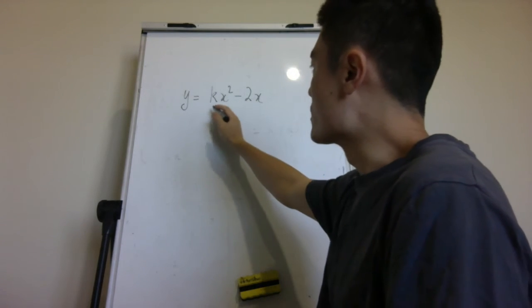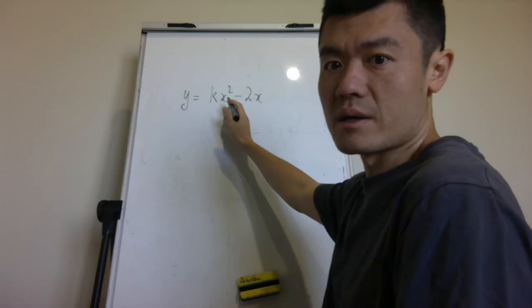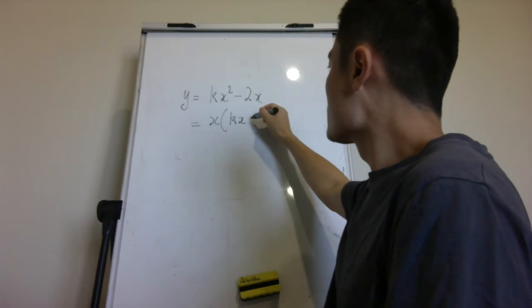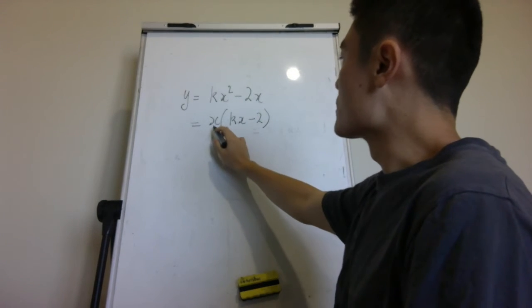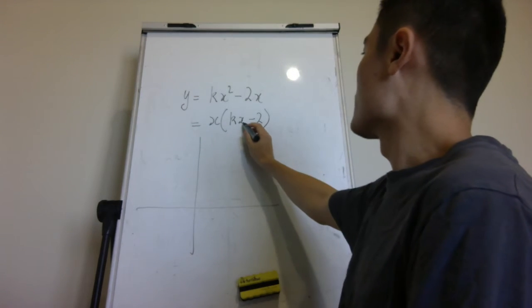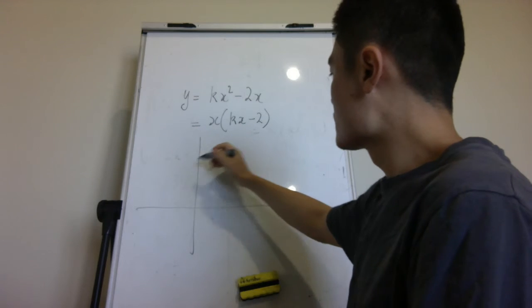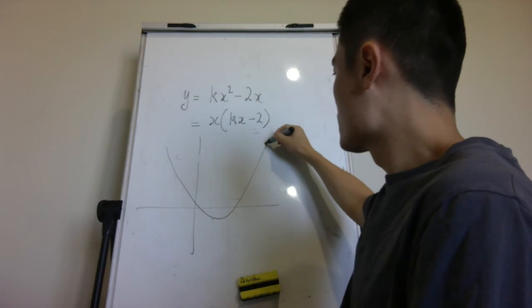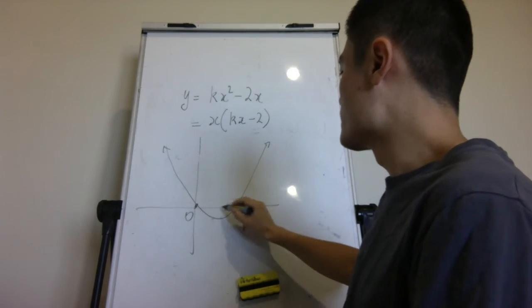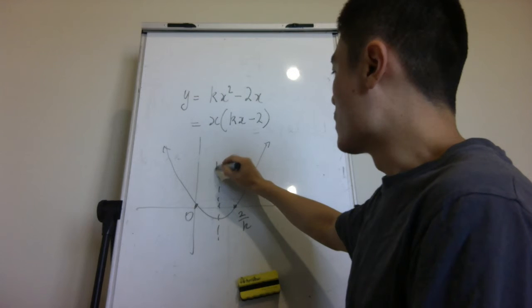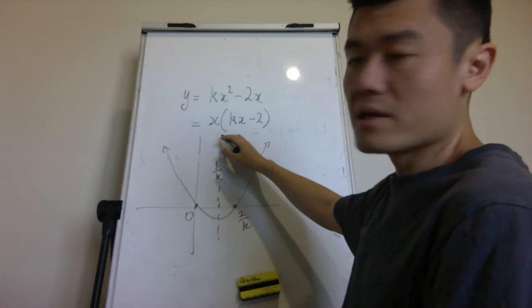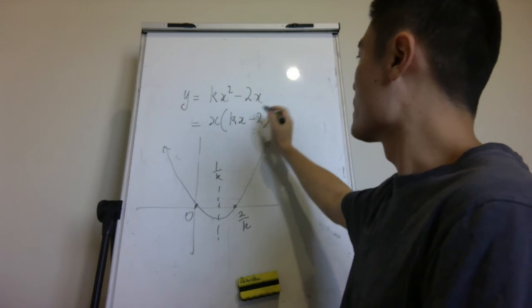The minimum value occurs halfway between the intercepts, and the intercepts are gotten from factorizing, which is x equals 0 and x equals 2 over k. So 0 and 2 over k. So that means the minimum has to occur at 1 over k.